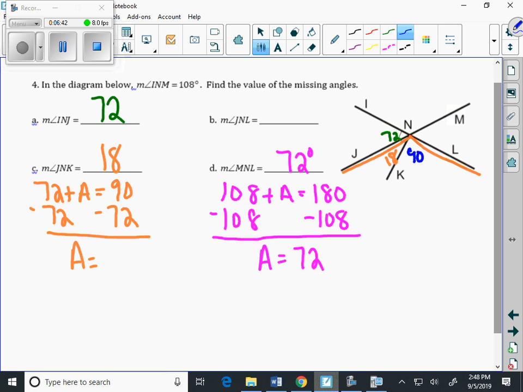Remember, it's supplementary to our other right angle. And what we want to know is what's in orange there. So to get angle J and L, we take 18 plus 90, which is 108 degrees. Put my degrees on.